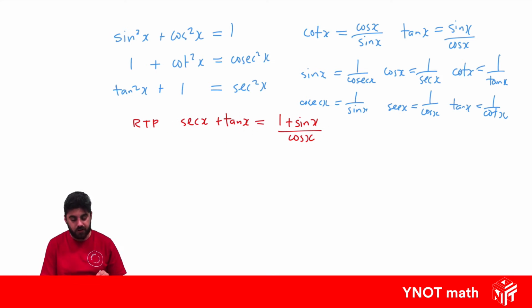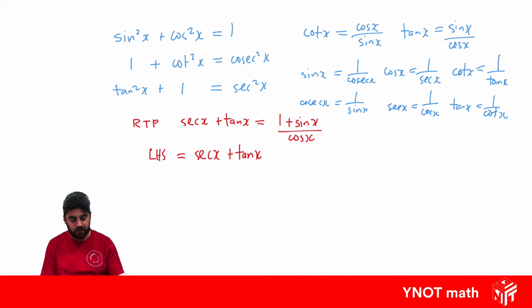And my strategy is usually to change everything into sines and coses, because using all of these identities, everything can be changed in terms of sine and cos. So that's exactly what we're going to do. We take the left-hand side, sec x plus tan x, and try to turn it into the right-hand side.